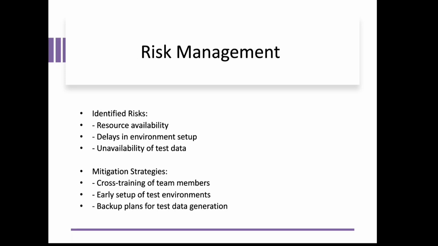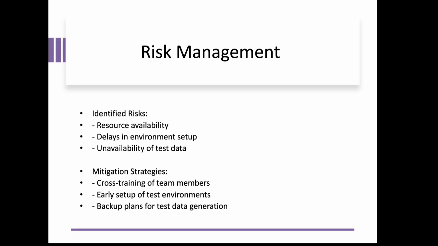Now we have the risk management concept in the test plan. In risk management, we need to identify the risks and allocate resources, meaning development resources. We have to check the environment setup. We also need to check that the test data is properly utilized. And we have mitigation plans or strategies, like cross training of team members.